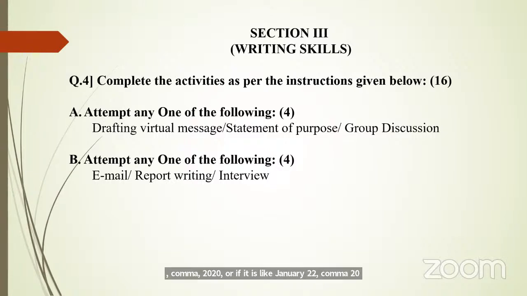Then you have to write the report in 3 paragraphs. The first one will be the introduction. If you ask the WH questions to the headline, you'll get the answers: where the program was conducted, who was the chief guest, what exactly had happened and all. So within 3 to 4 sentences, you have to write the introduction.